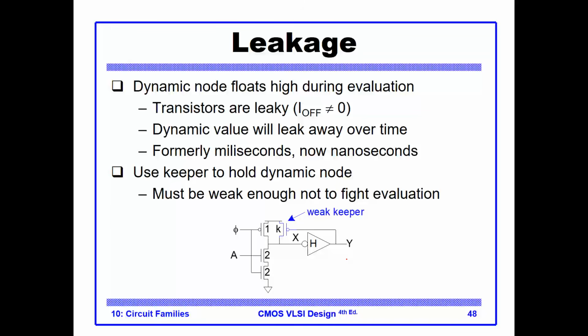We will now look at some of the issues and problems for dynamic circuits, and one of them, for instance, is the leakage problem. The leakage problem basically is the following: if we are at the evaluate phase, which is when clock equals 1, and in this case, A as well equals 0, supposedly here we have a VDD value.